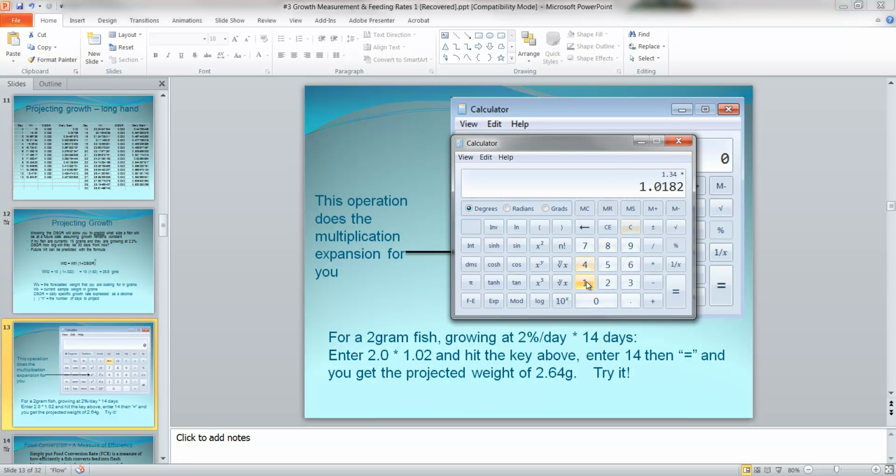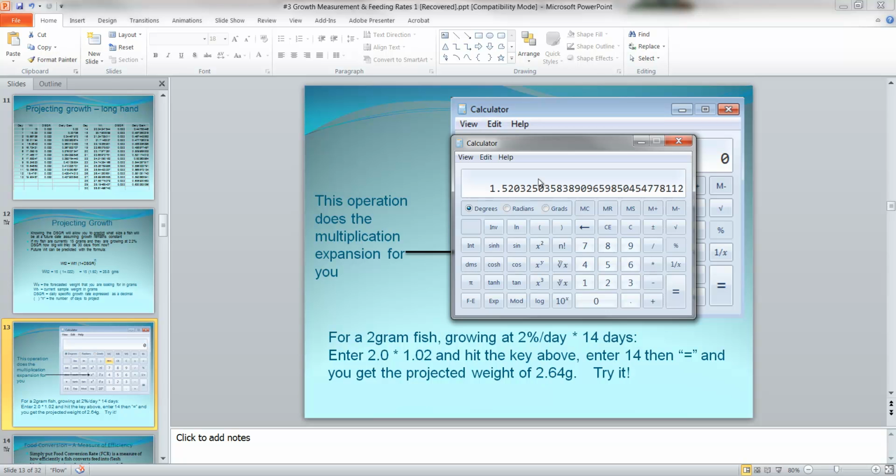I have to have that 1 in there because I want to include today's weight plus the new weight. And then x to the y, I just want to project 7 days ahead. I don't want to go too far. So x to the y is 7. Equals, the weight 7 days from now would be 1.52 grams.